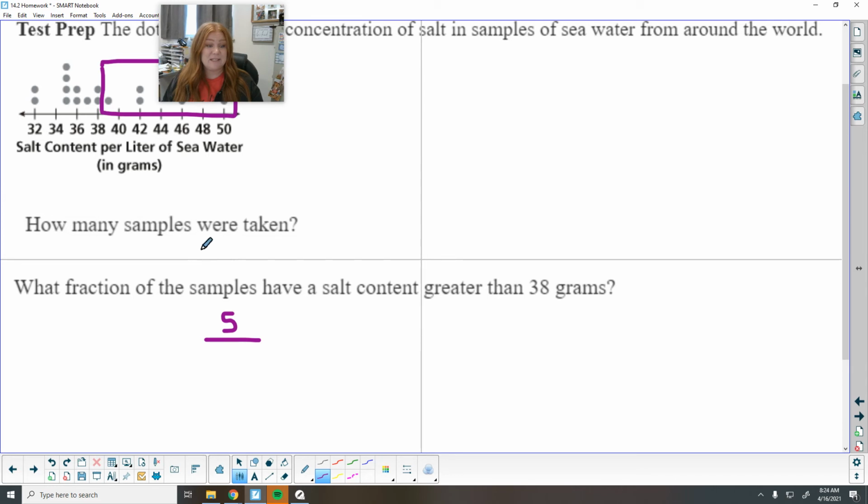So we're going to take this answer here and put it as our denominator. 5 out of how many have salt greater than 38? So one thing, we do need to pay attention, right? Is it greater than 38, so bigger, or is it 38 and more? So pay attention to those words that we practice with those inequalities there.